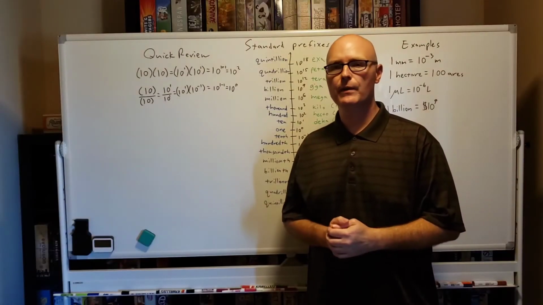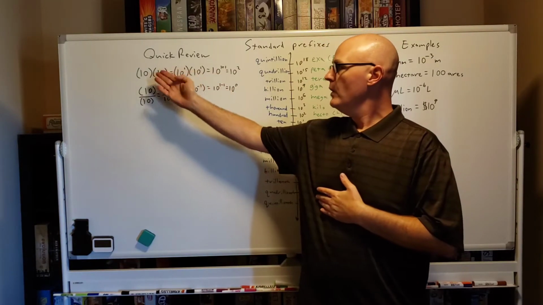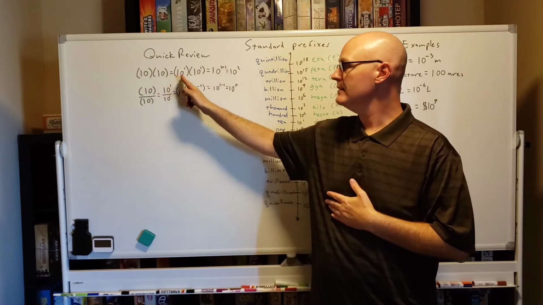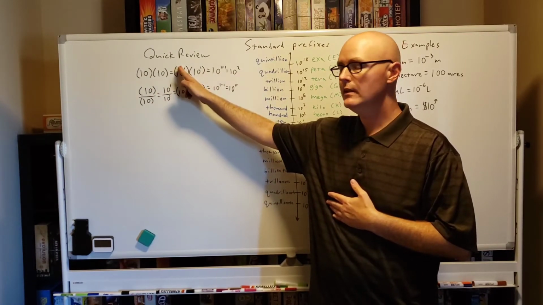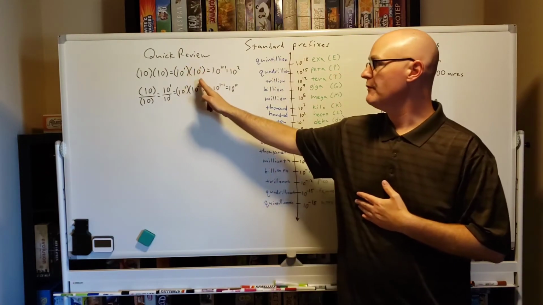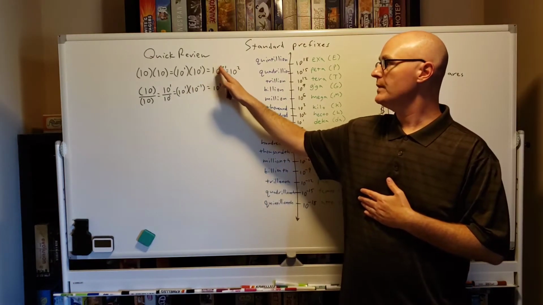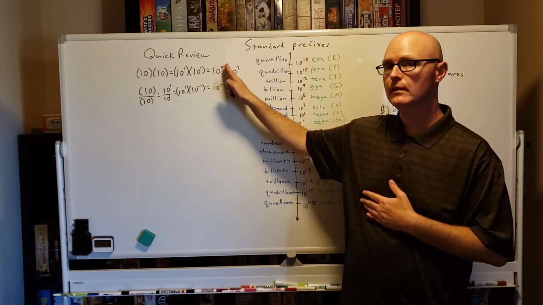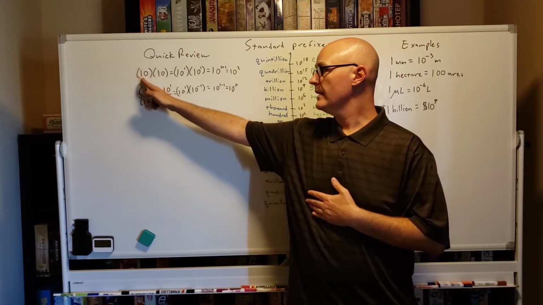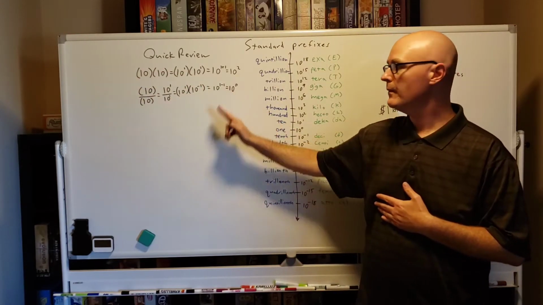All right, continuing on with our significant figure discussion, let's do a quick review. 10 times 10 is exactly the same as 10 to the first power multiplied by 10 to the first power, which, by the property of exponents, gives 10 to the 1 plus 1, or 10 to the 2. So 10 times 10 is 100, which is equal to 10 to the 2.